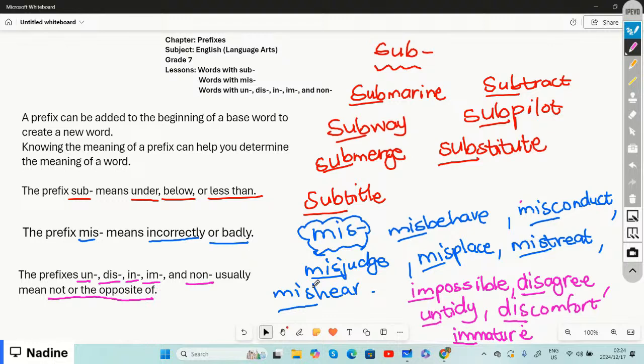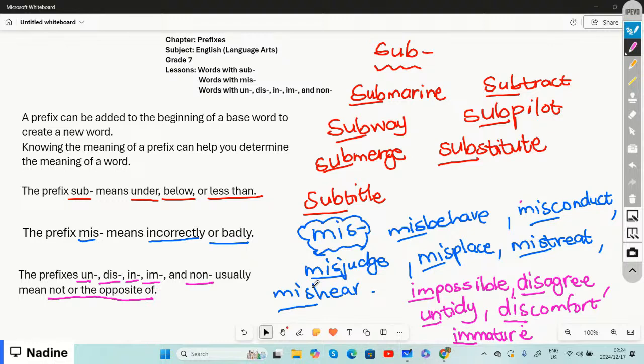The meaning of miss is incorrectly or badly. And the prefixes an, dis, in, im, and non either mean not or the opposite of something. It is not that thing, right?